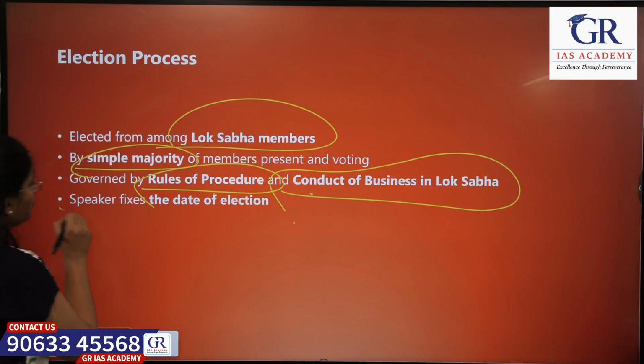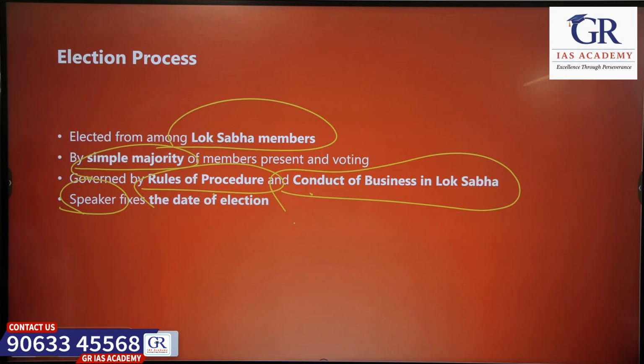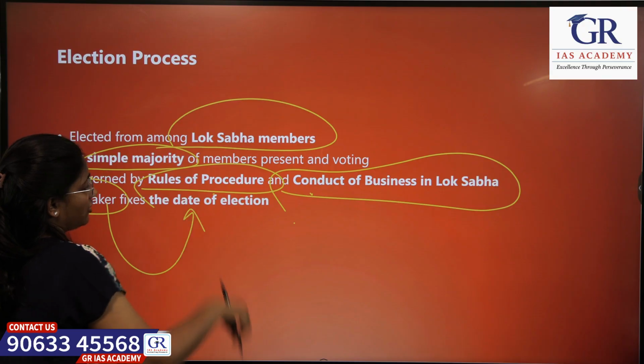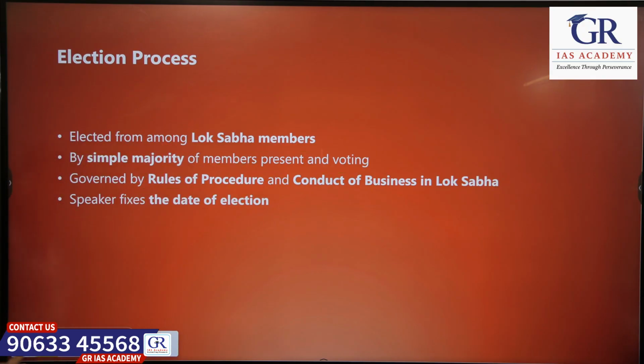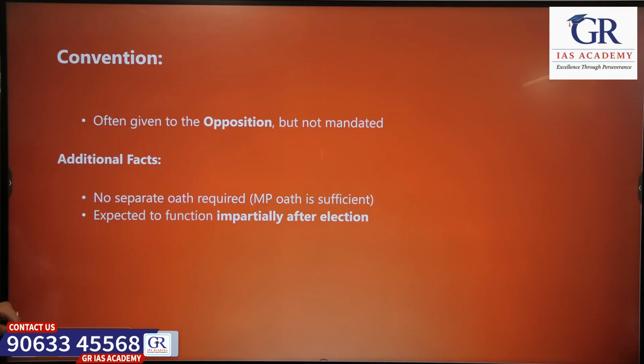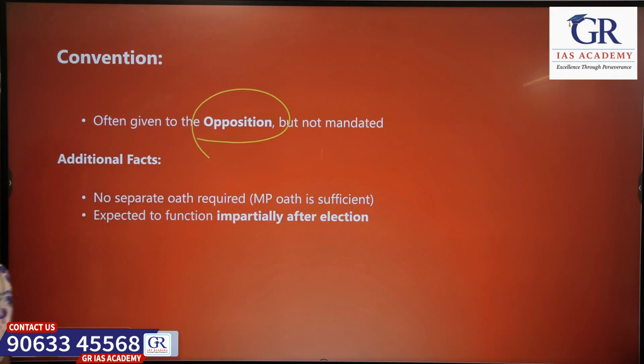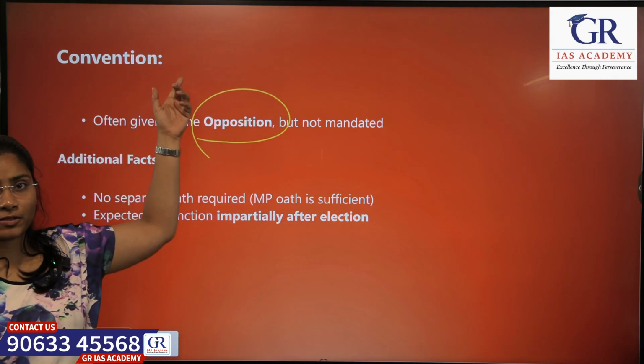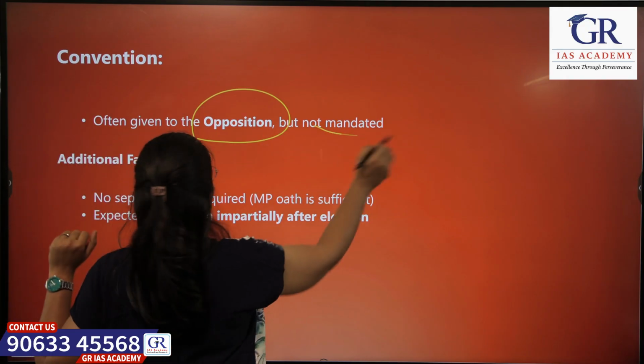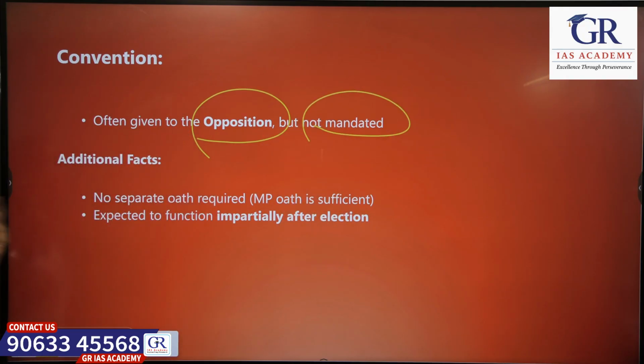And who fixes the date for the election of the deputy speaker? The Speaker fixes the date of election of the deputy speaker. Usually the opposition is given the post of deputy speaker, but it is not mandatory. So let's see a few points.